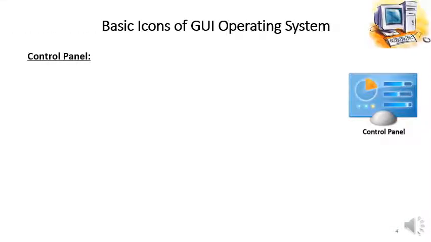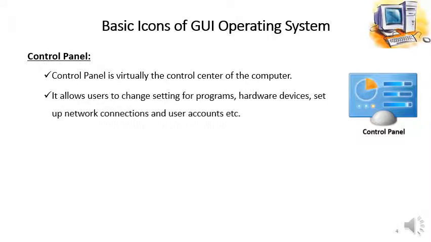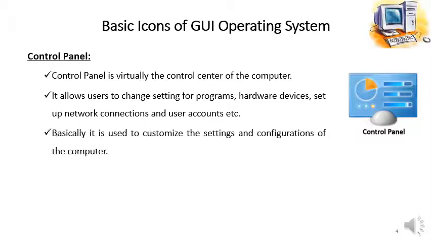Third, we have the control panel. Control panel is virtually the control center of the computer. It allows users to change settings for programs, hardware devices, set up network connections and user accounts, etc. Basically, it is used to customize the settings and configurations of the computer system.